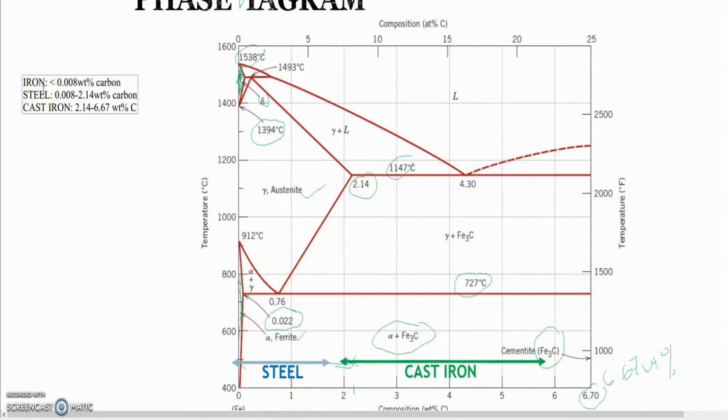So, iron adalah kandungan karbon dia less than 0.008%, while steel more than 0.008 to 2.14% carbon, and cast iron between 2.14 up to 6.67 weight % carbon. So nilai dia kamu boleh buat semula lah yang garisan ni, berdasarkan nilai kat sini.